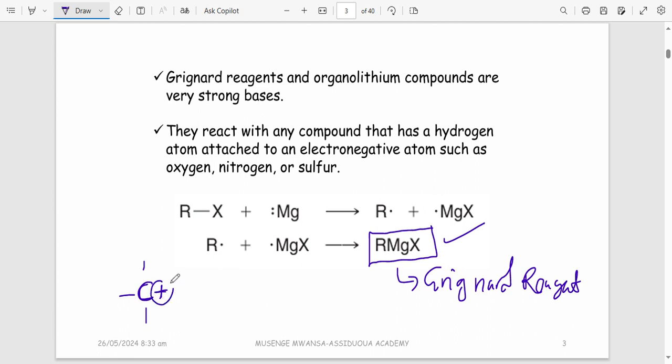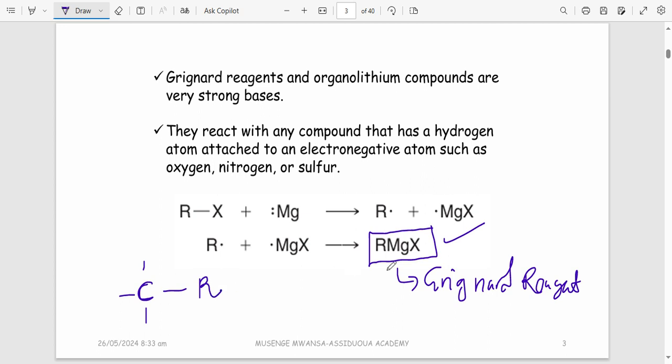It acts as an electrophile. It is attacked. But how about if you want the carbon atom to attack? That's how you now attach the carbon to the organometallic compound. So this carbon is attached to another group like this. Can you see it's attached to an R group?